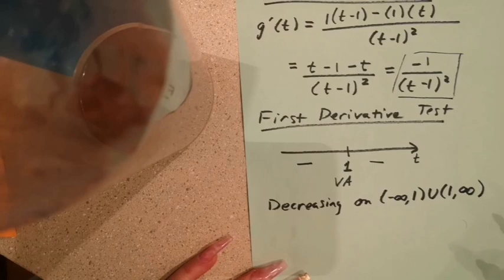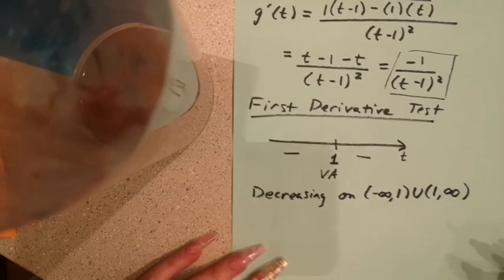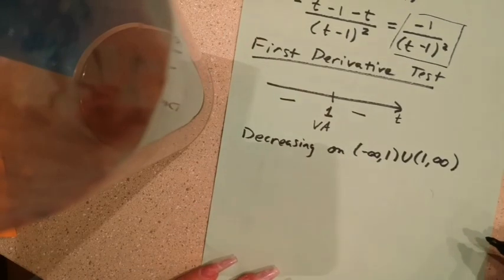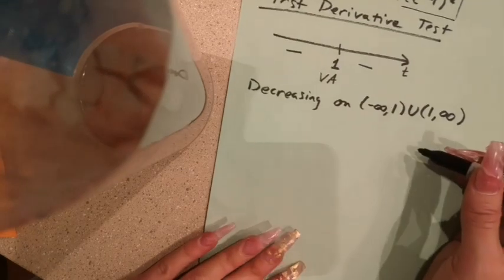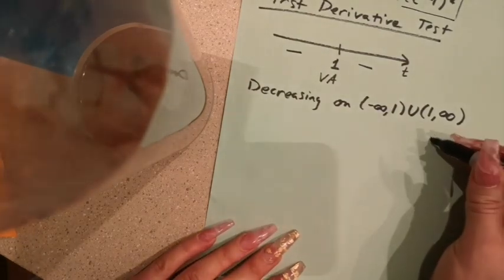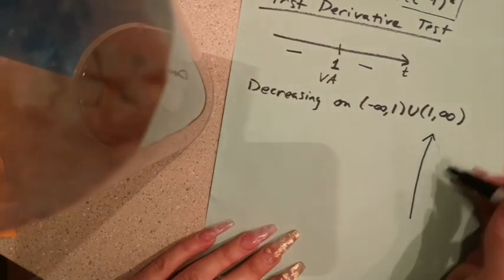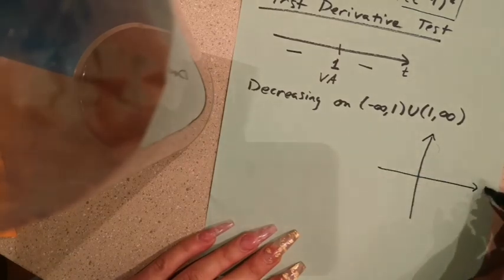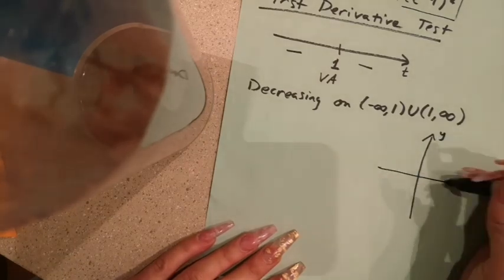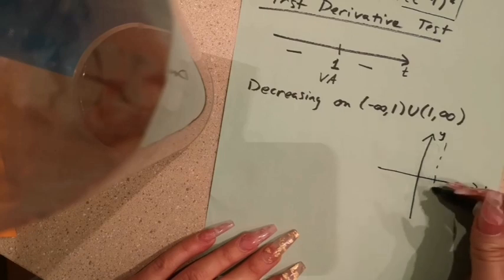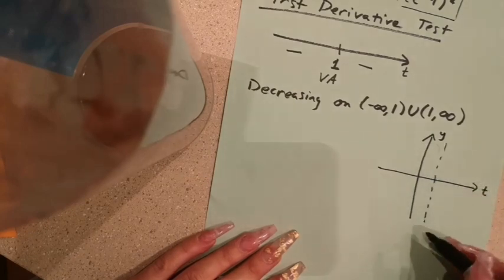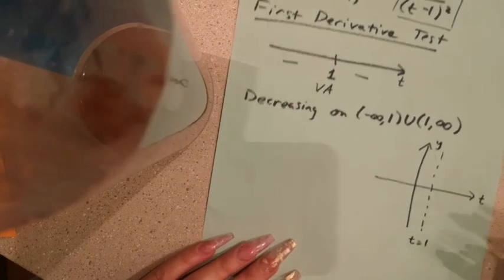Well, if I do a rough sketch, I guess this is t and this is y. Here's my vertical asymptote, t = 1.